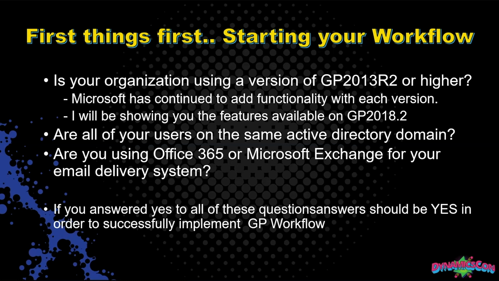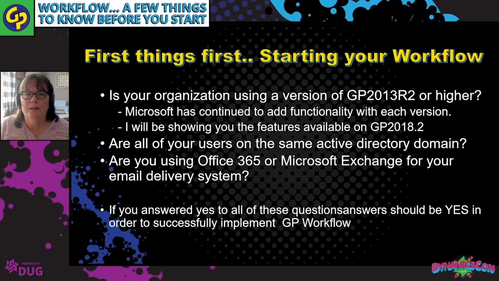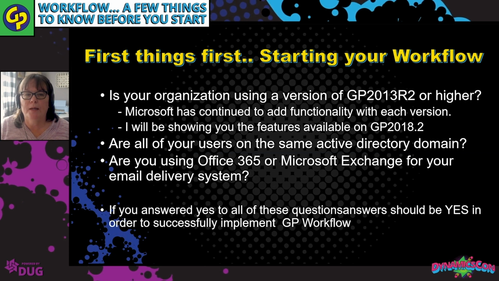The other question that you need to ask is, are all of your users in the same domain in Active Directory? If they are not in the same domain, that may be something that needs to be discussed within your infrastructure, possibly joining the domains.